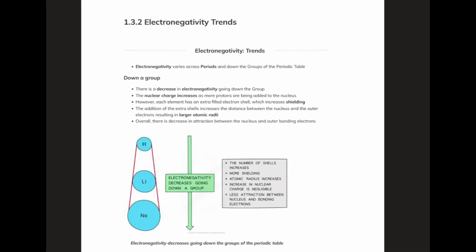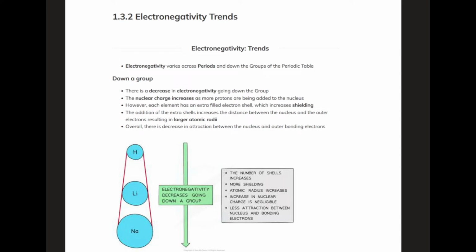Electronegativity trend. Let's see the trend here. They say electronegativity varies across periods and down the groups of the periodic table. Down a group, you can see hydrogen, lithium, sodium. Their size is getting bigger and bigger. You see how the electronegativity changes: electronegativity decreases going down a group.